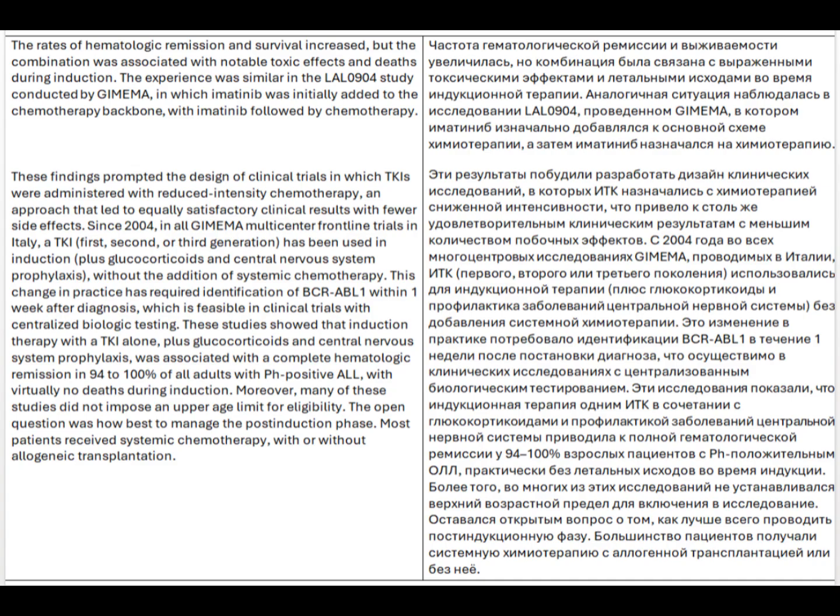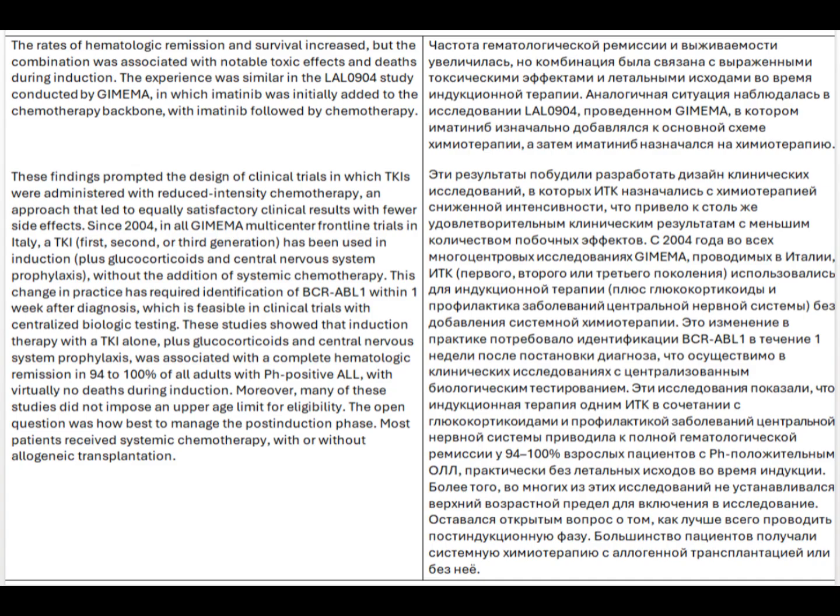These studies showed that induction therapy with a TKI alone, plus glucocorticoids and central nervous system prophylaxis, was associated with a complete hematologic remission in 94 to 100% of adults with Ph-positive ALL, with virtually no deaths during induction. Moreover, many of these studies did not impose an upper age limit for eligibility.